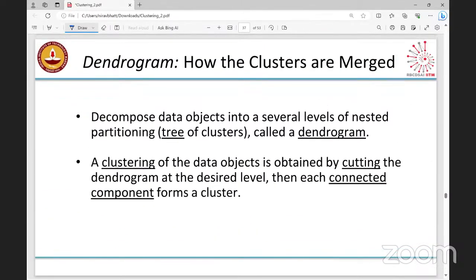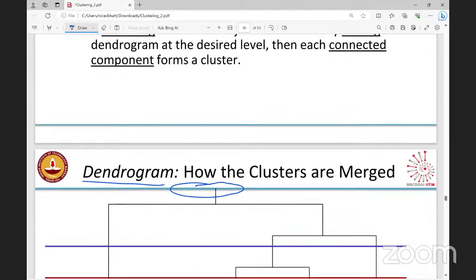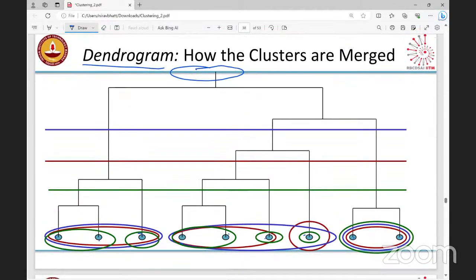What we do is we decompose all the data objects into several levels of nested partitioning. We call it a tree of clusters, the dendrogram I discussed. What we are trying to do is create this dendrogram, and then we decide, okay, I want the clustering at this level. So how many clusters will we have?